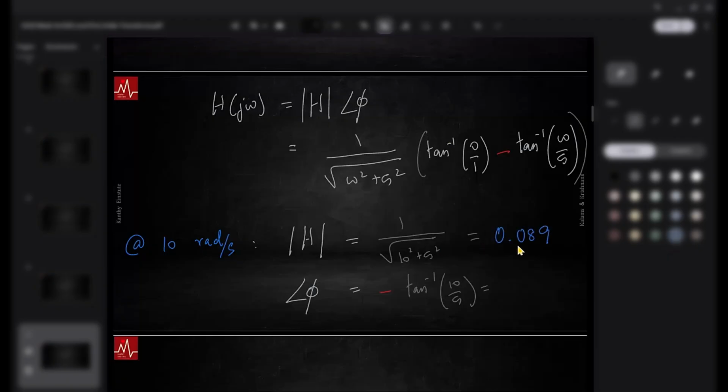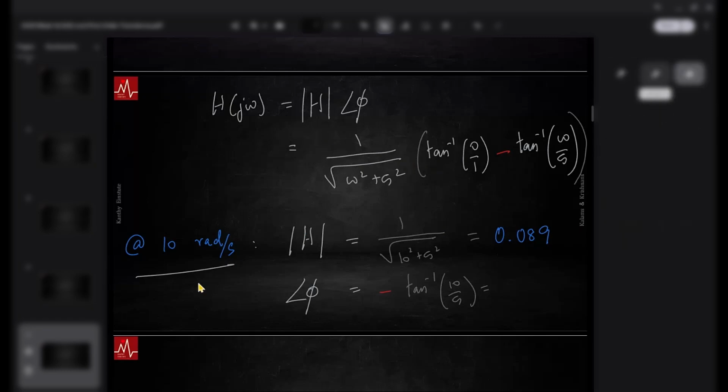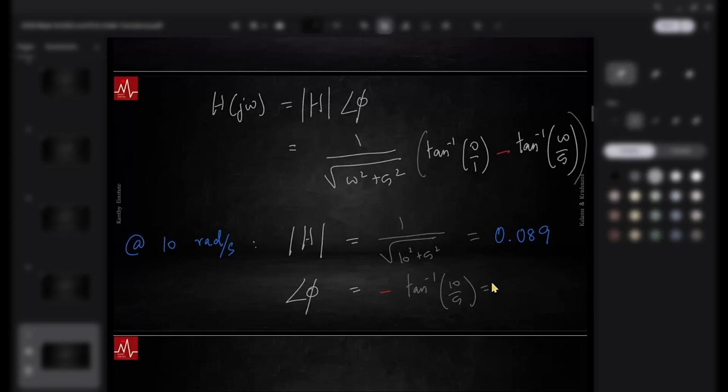So the gain is, at this frequency, the system is going to really attenuate whatever comes in. If 1 comes in, 1 becomes 0.089. There is a lot of attenuation happening at 10 radians per second. Attenuation is things getting smaller. I'll show this pictorially in a moment.